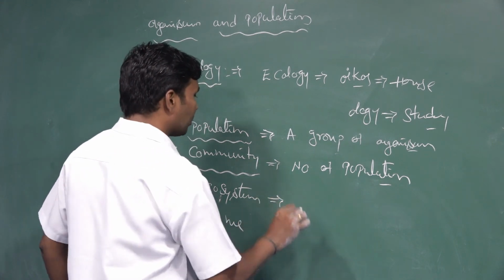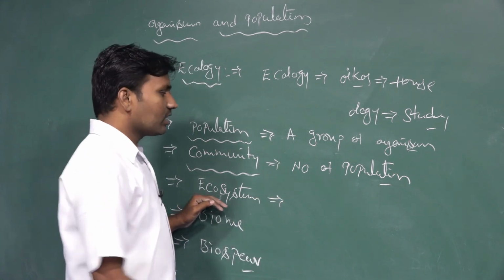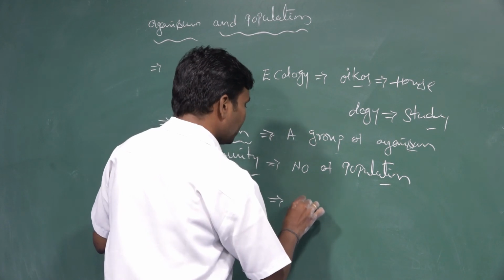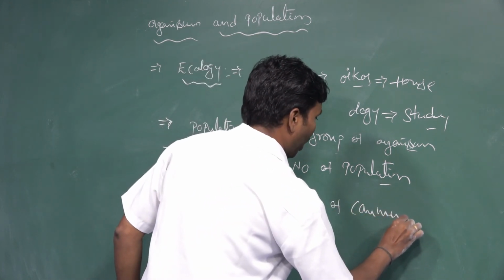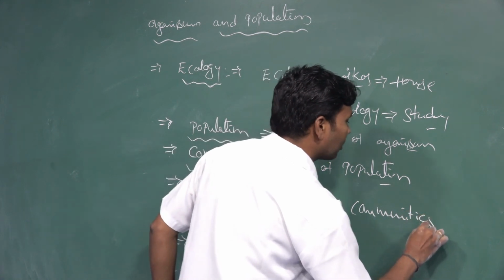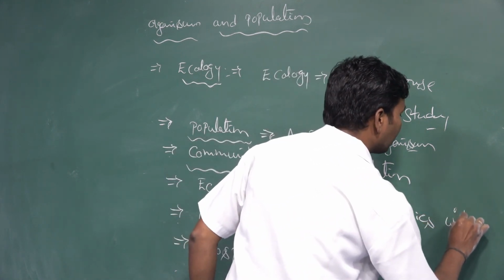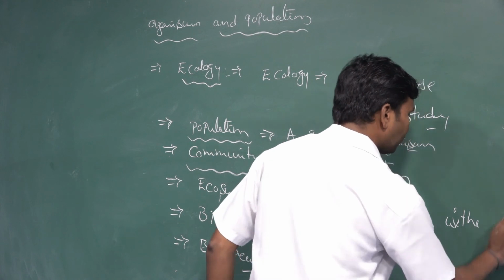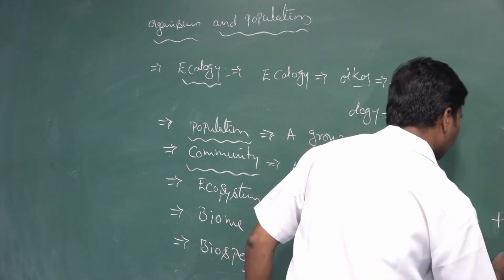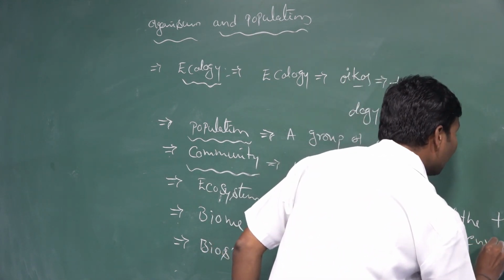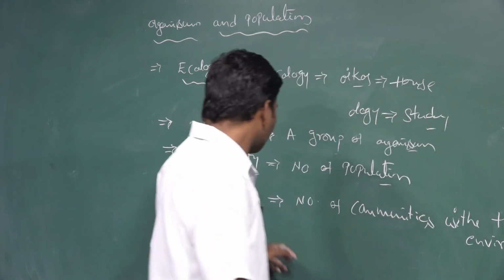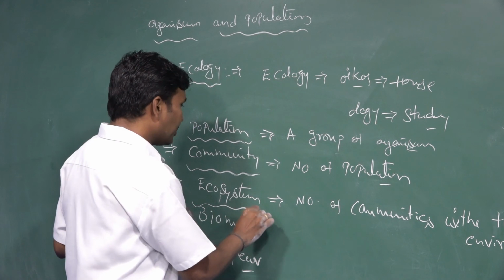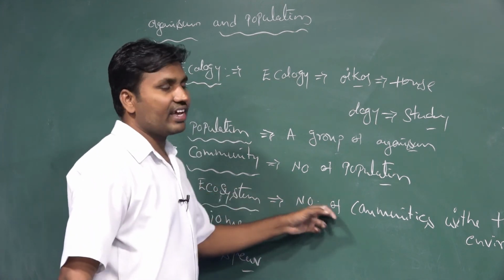And the ecosystem. Ecosystem comprises a number of communities with their environment. So the relationship between the communities, that is the organisms, and their environment.